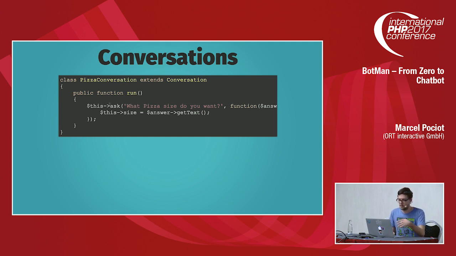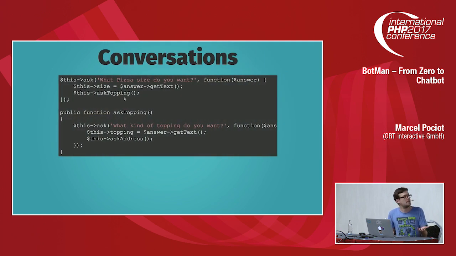And the run method in a conversation is always the entry point. So you always need a run method that gets executed the first time the conversation starts. With the pizza example, we could have a what pizza size do you want question. And we get the answer, and we can then just store it as an internal property on the conversation class.